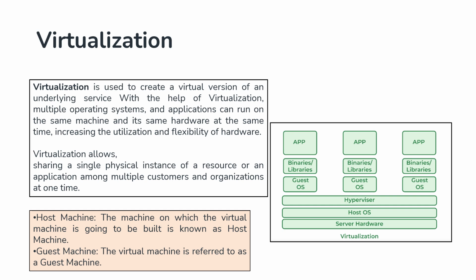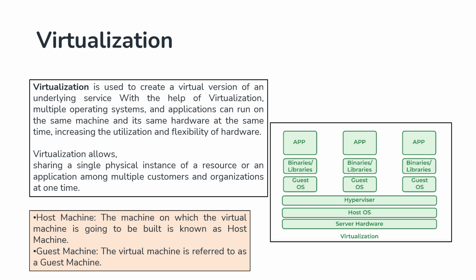On the guest OS, we can run any application as a virtualized machine. So the binaries and libraries are inbuilt with the kernel, or upon the guest OS, binaries and libraries will be there to run our applications.